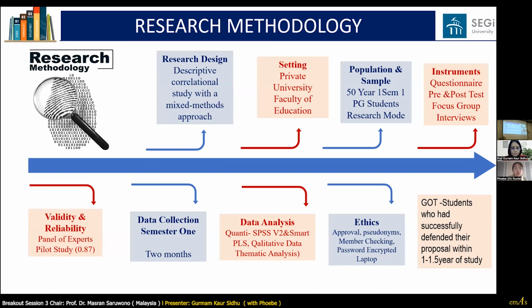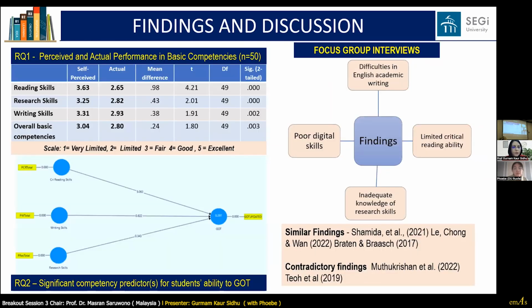Issues of validity, reliability, and ethical considerations were also addressed to establish greater credibility. In this study, graduating on time refers to postgraduate learners who had successfully defended their proposal within 1 and 1.5 years of study.